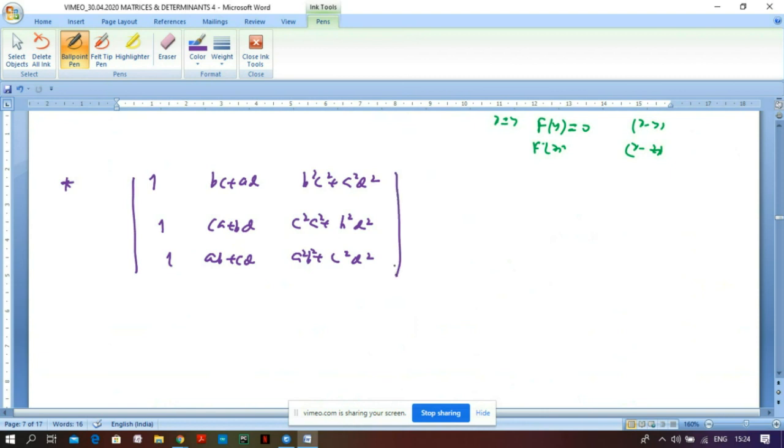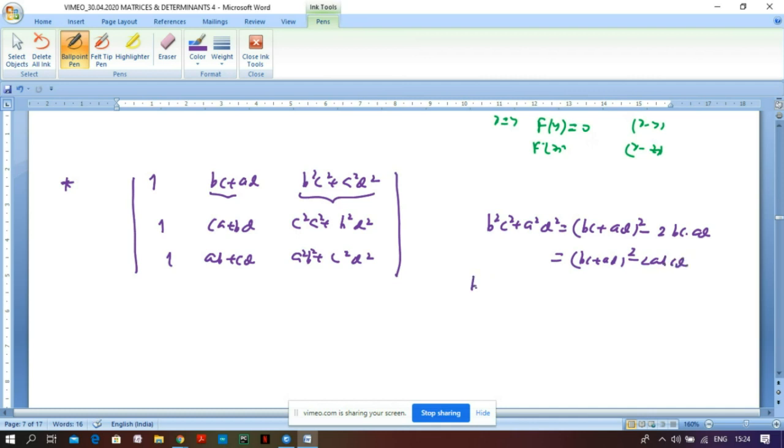You notice how bc plus ad relates to b squared c squared plus a squared d squared. We observe that b squared c squared plus a squared d squared is (bc plus ad) whole squared minus 2abcd.